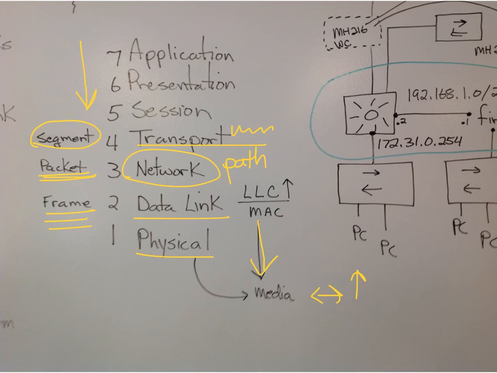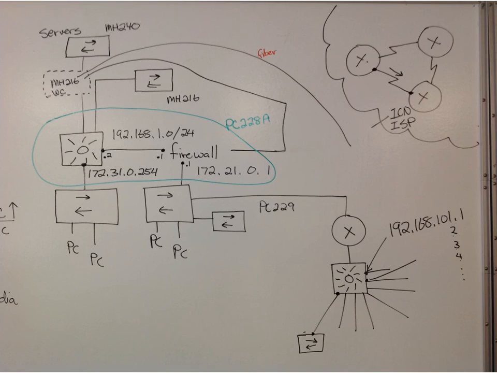Now let's look at some diagrams. We start out here first talking about the switch in which we have our Windows machines on, and then we have a switch in which we have our Linux machines on.